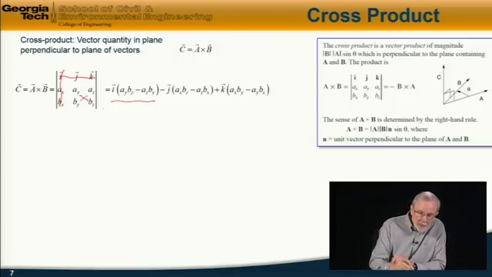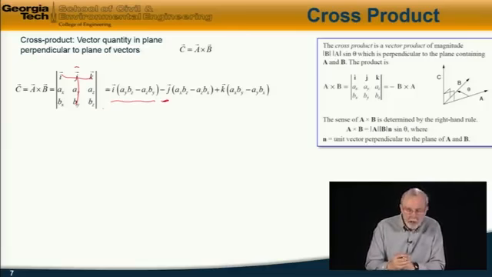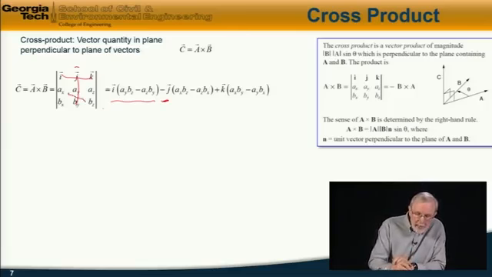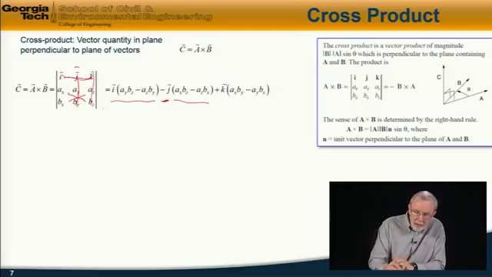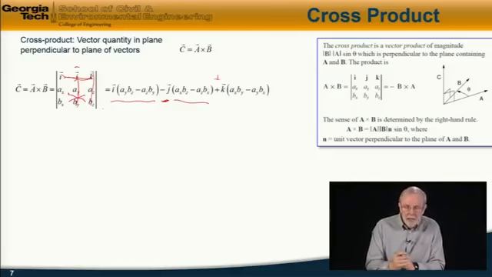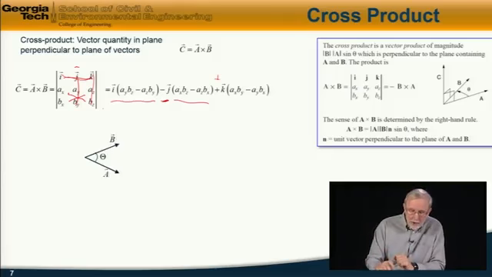Then the j term, the second one, cross this and this out, and the signs alternate, so it's minus j multiplied by ax bz minus az bx. Similarly for the k term, except that because of the alternating signs it is plus. So that is the general expression for the cross product of two vectors.